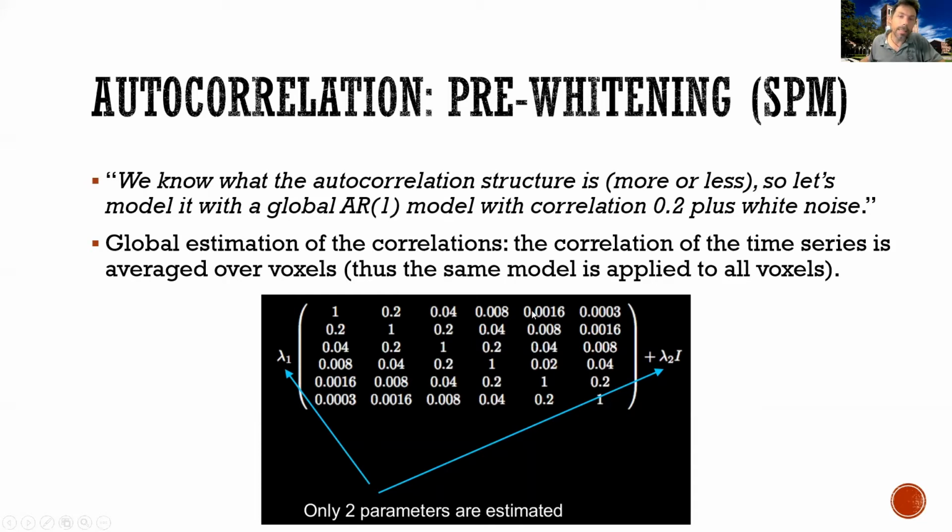So you apply the same structure to all of the brain. You say every single voxel in the brain probably has an autocorrelation structure that kind of looks like this. So I don't need to go inside my data and calculate it like FSL does. FSL goes in and calculates it for every single voxel. SPM just says, it probably looks something like this. And then you just estimate these two parameters. The shape of it, which is these off-diagonal elements, you already know that.